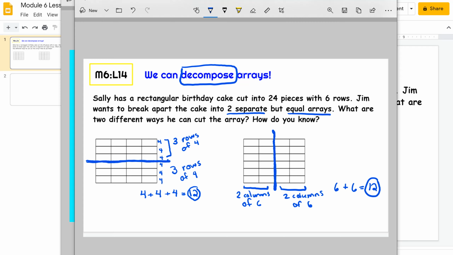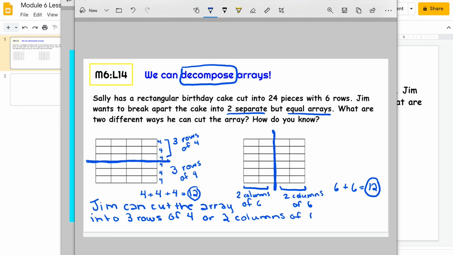So when I go back to think about the question, what are 2 different ways he can cut the array? I can say, Jim can cut the array into 3 rows of 4 or 2 columns of 6.